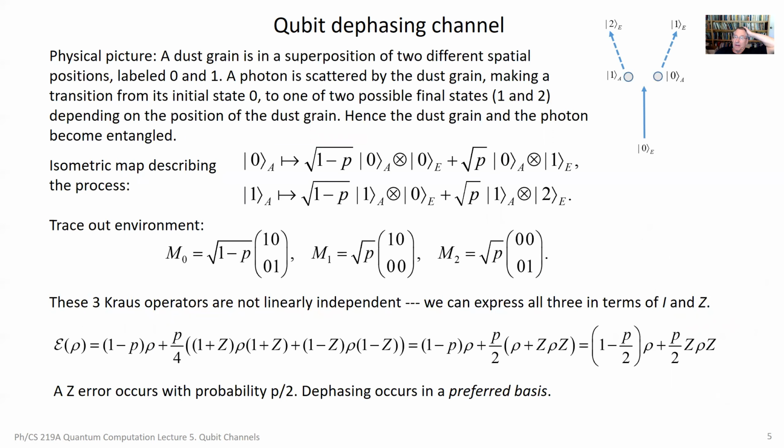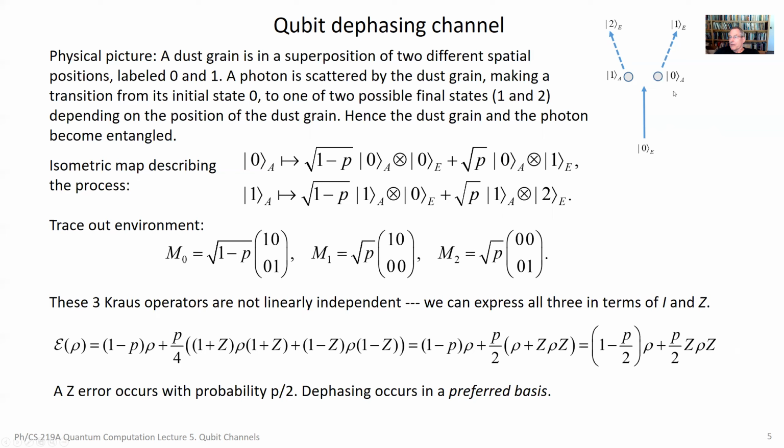All right, now I want to talk about another example of a qubit channel. And in this case, let's think about kind of a physical picture of what might be going on. I want a very simplified model, kind of stripped down to the essential features of the following physical situation.